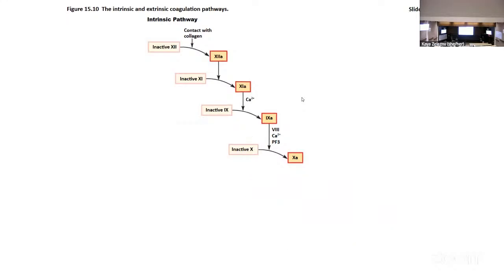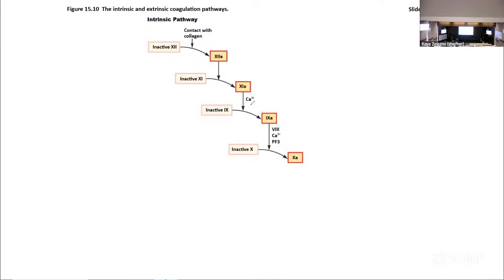Okay, so here we have our intrinsic pathway. When we say intrinsic, what we really mean is that this is getting started off from factors that are activated right at the site of injury, like by the blood vessel itself.